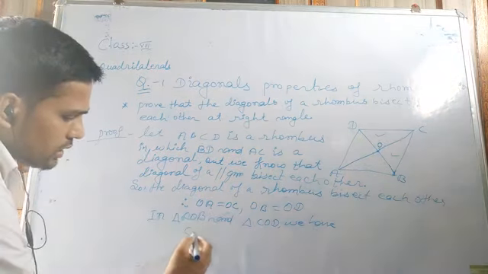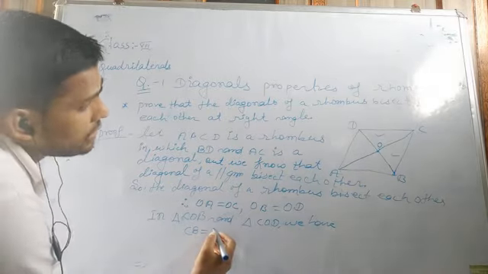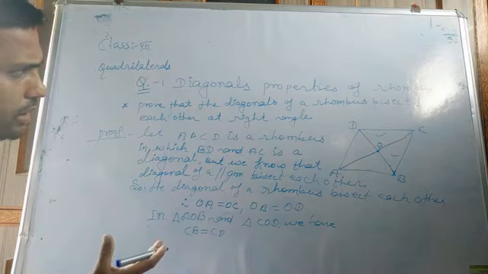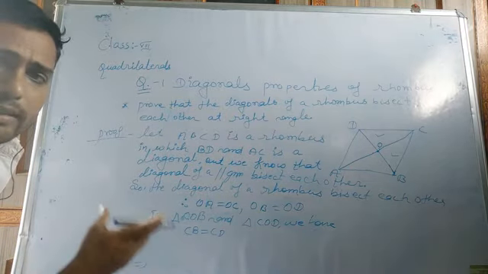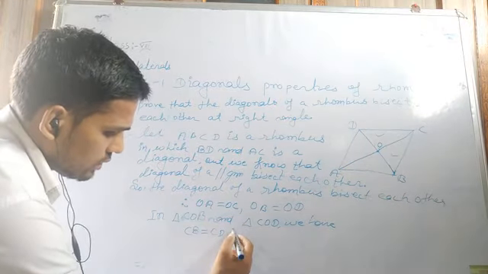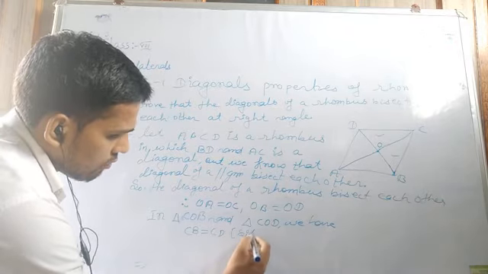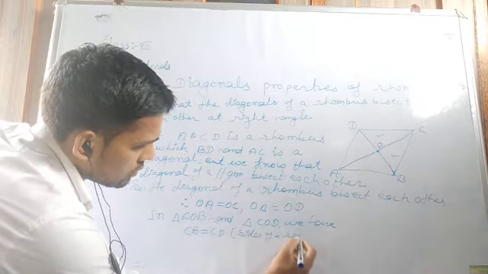Here CD equal to what? CD is equal to CD because it is a rhombus, and adjacent sides are equal. We can write sides of a rhombus.